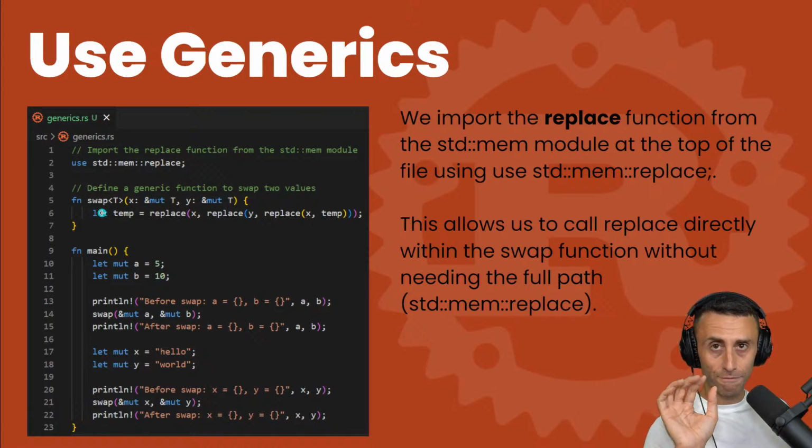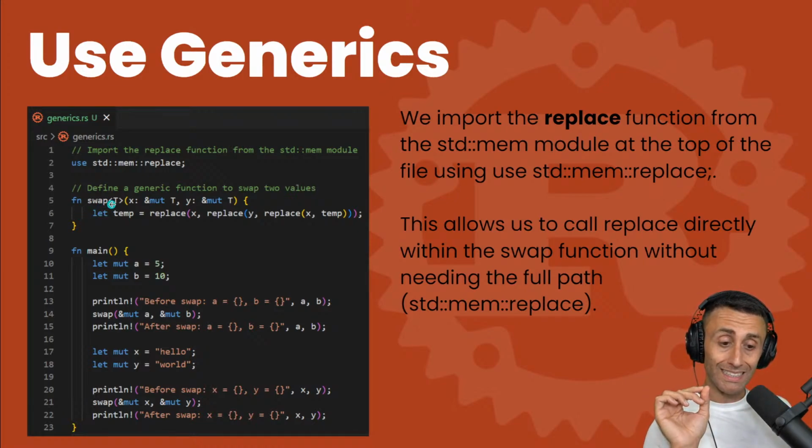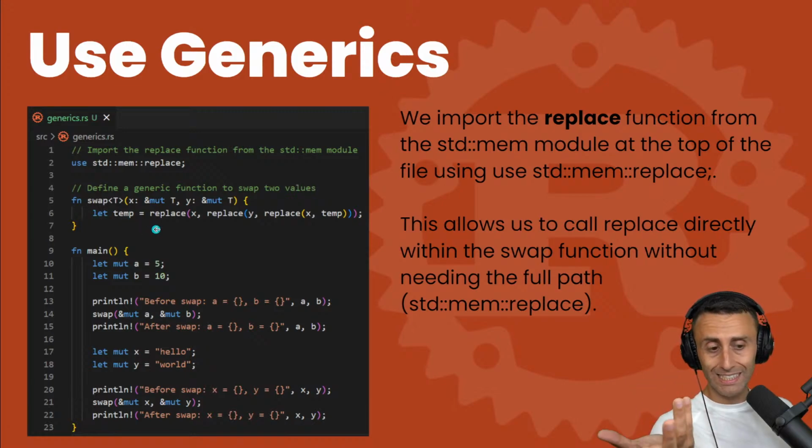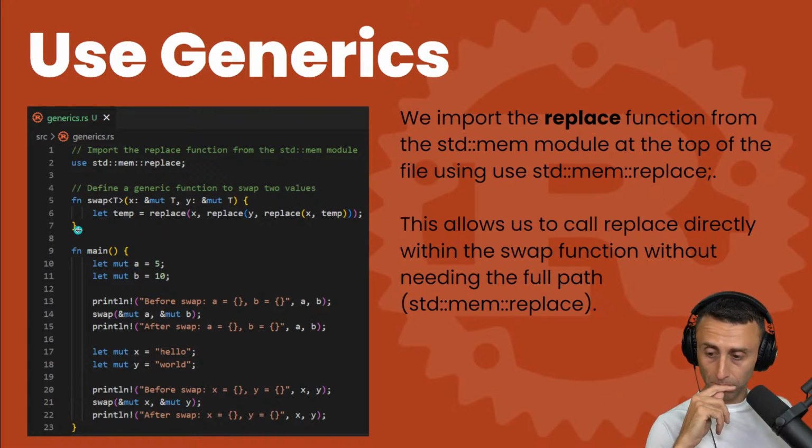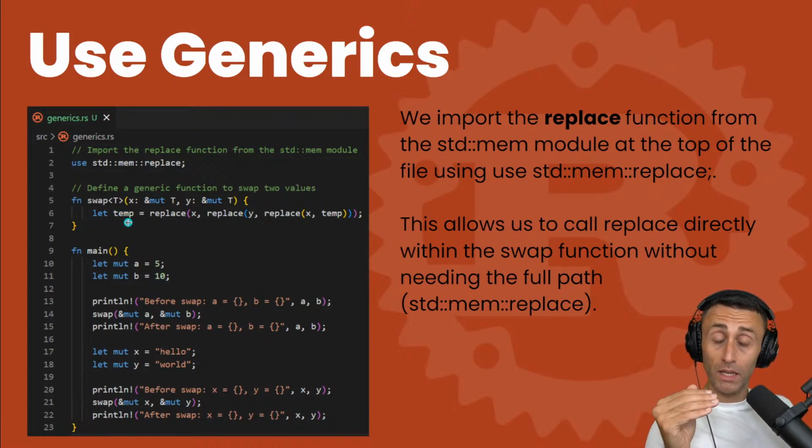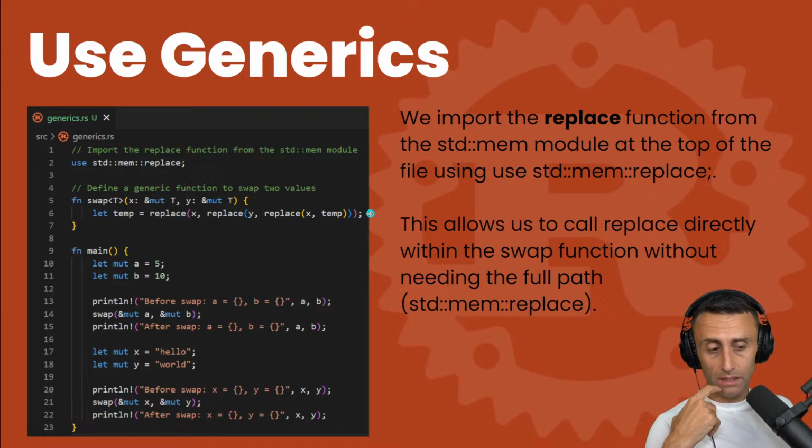Check line 5, very important: function swap T, which takes two inputs of a generic type, and check how simple this function is. This is exactly what we want. Basically we define this temporary variable, and then we replace x with y with this syntax.